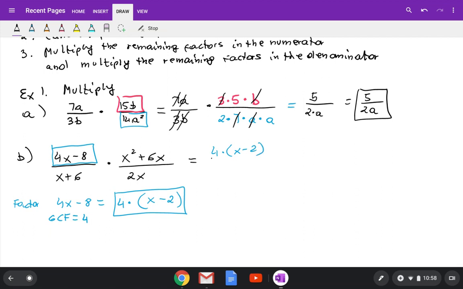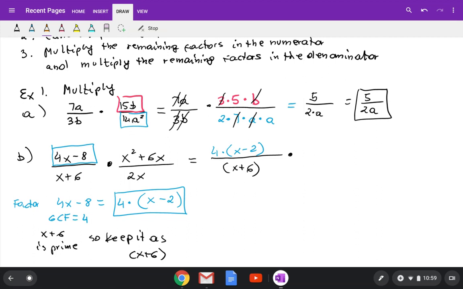Next, I have x plus 6. So x plus 6 is prime. Prime means you cannot factor. So I'm going to keep it as x plus 6. Times.